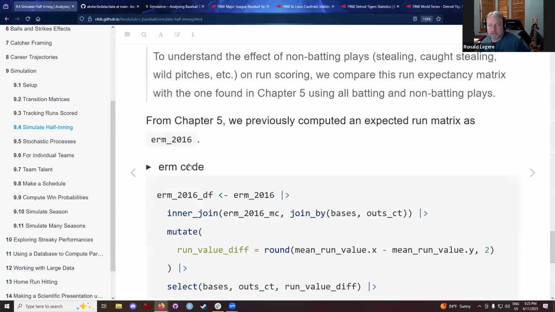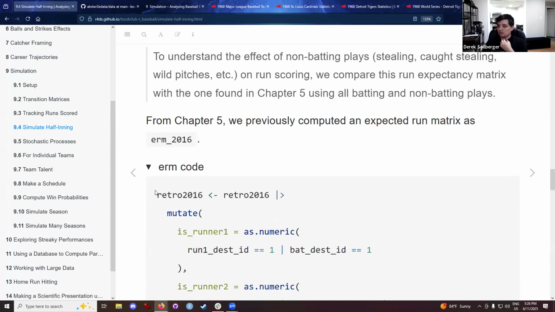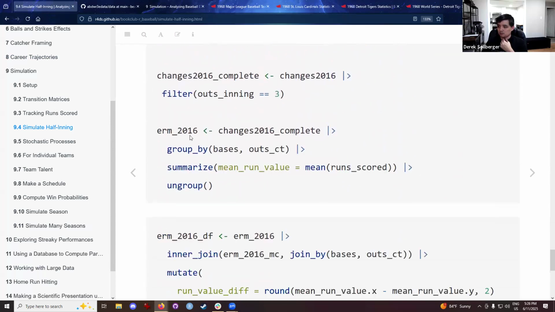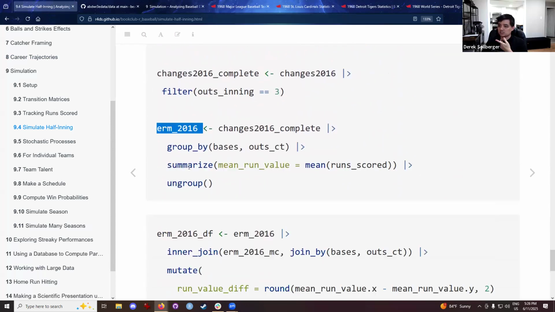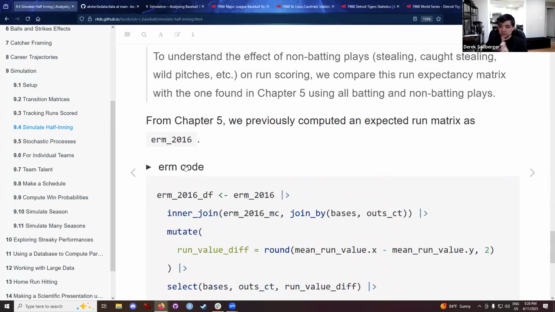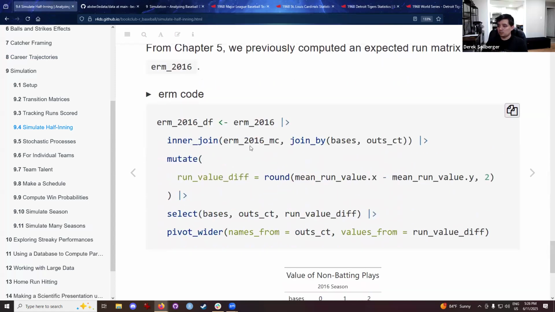I thought to myself, it's not in there. You have to create it following the steps in chapter 4, I think, or is it 5? I forget which one it is, but yeah. So I copied the code from Chapter 5 that you had presented previously, saved this as ERM 2016.